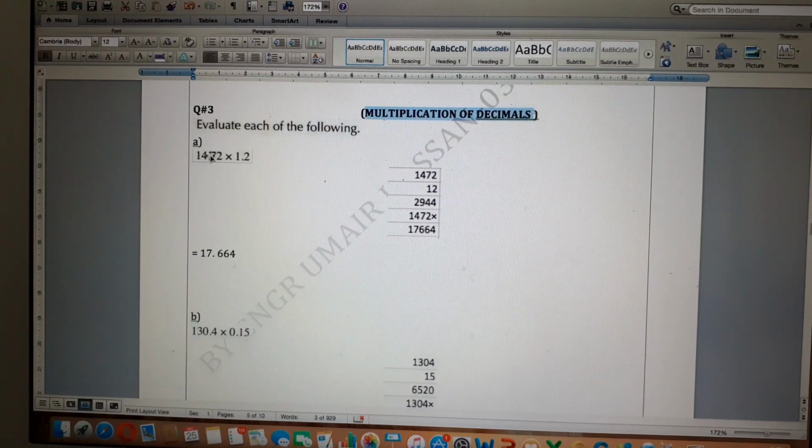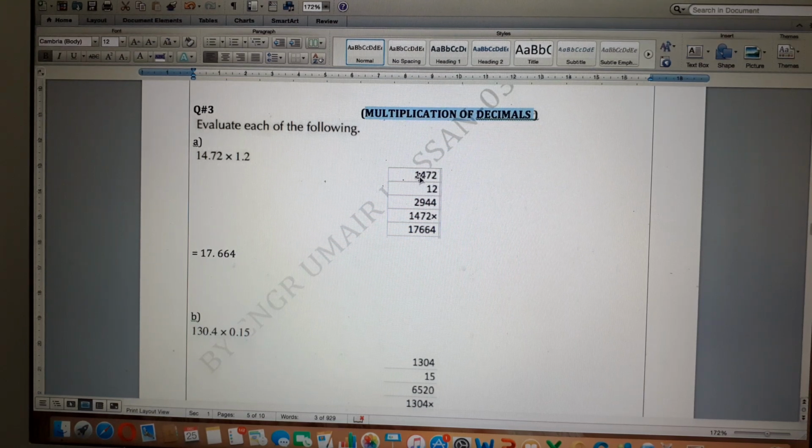If I have to evaluate 14.72 and 1.2, these are both decimal numbers, and I can express them as fractions also. First of all, I will multiply these numbers by ignoring the decimal sign. So I will be multiplying 1472 and 12.